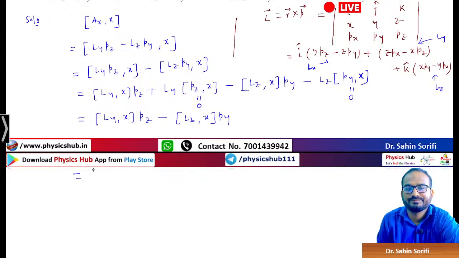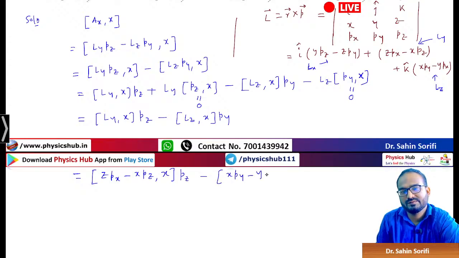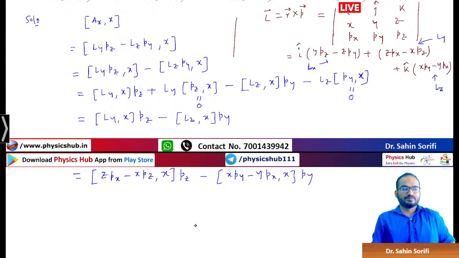Let me know if I am doing any mistake. This is equals to Ly is z Px minus x Pz, Lz x Py minus y Px, again this can be written as z Px. This is just a lengthy problem, not a difficult problem.